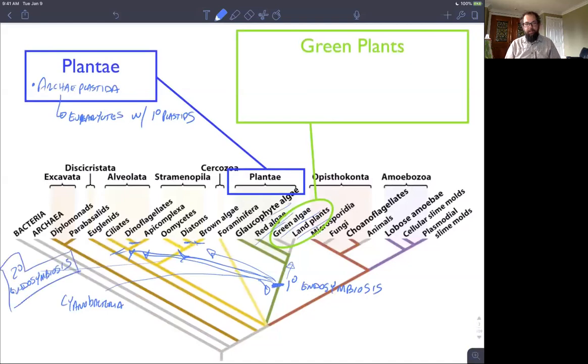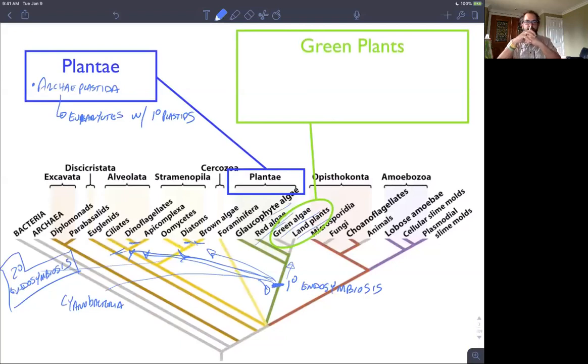Is there any morphological evidence for this? And there certainly is. You might think back to where the original hypothesis about endosymbiosis came from. Well, it's those numbers of membranes. If we have this ancestral plant lineage, this ancestral Archaeplastida, it has two membranes around its chloroplast.